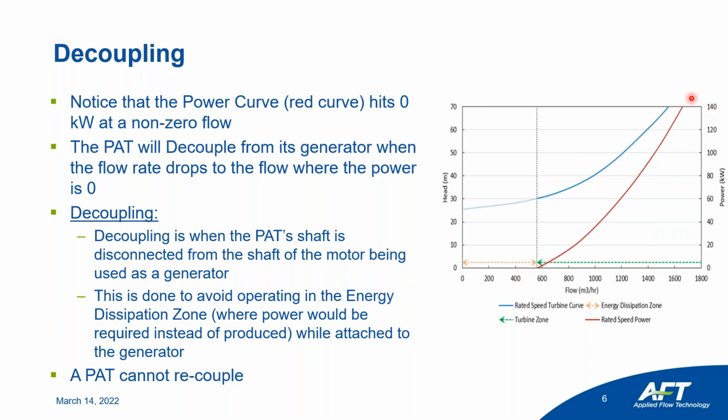One more thing to note is when you hit this 0 power and the PAT decouples, we cannot model the PAT recoupling currently, but that's something that we might do at a later date.